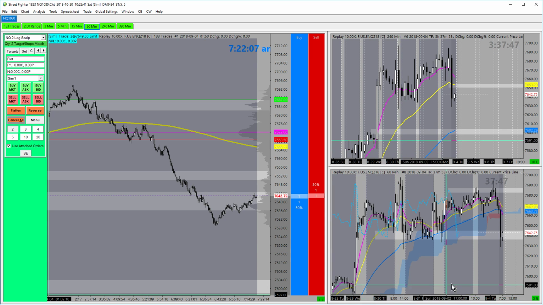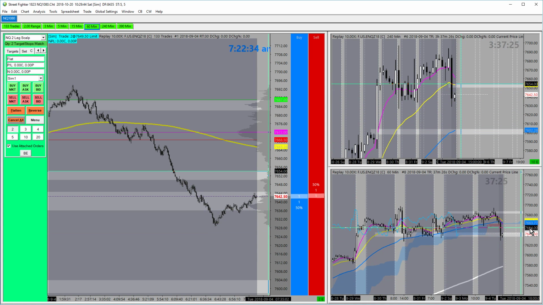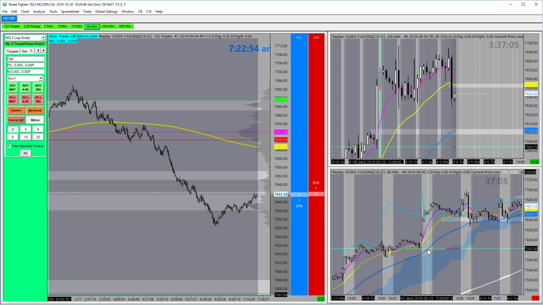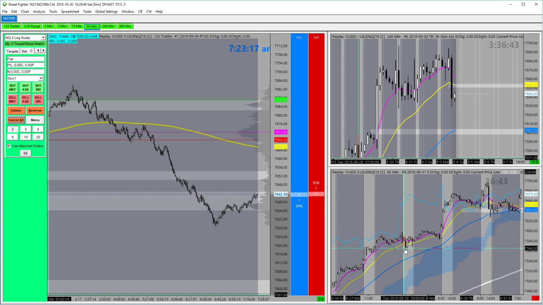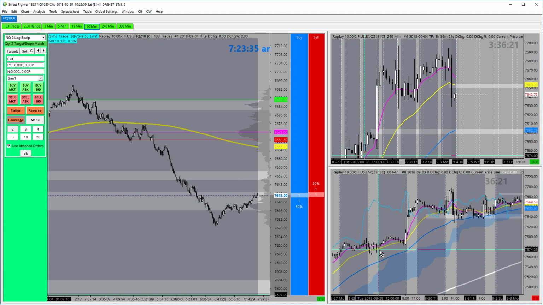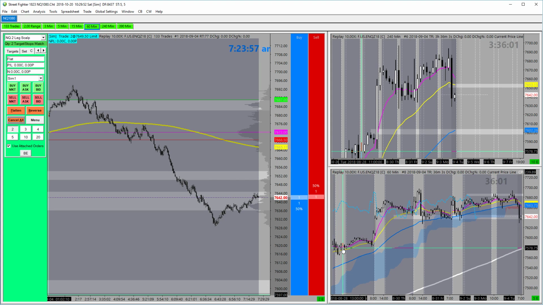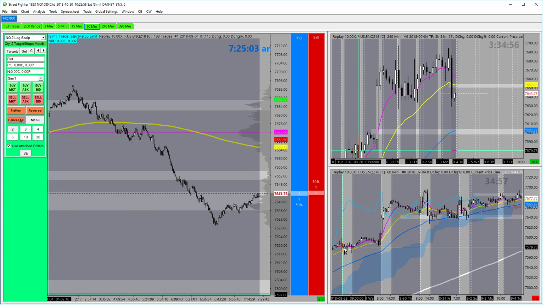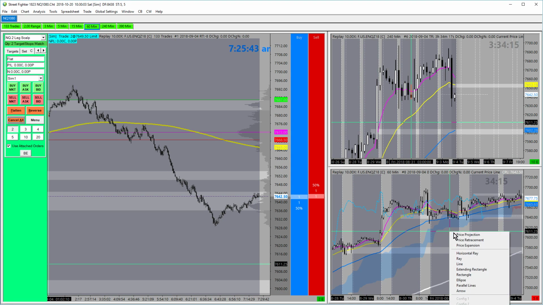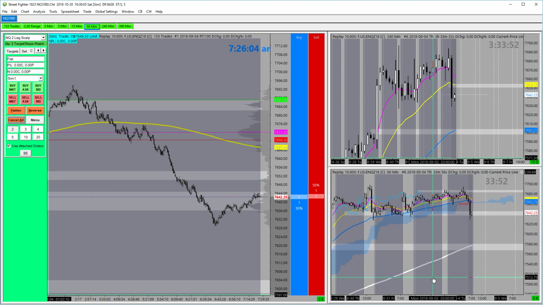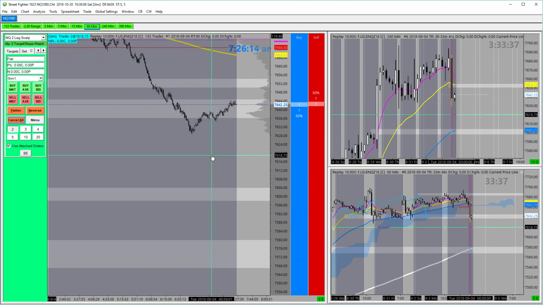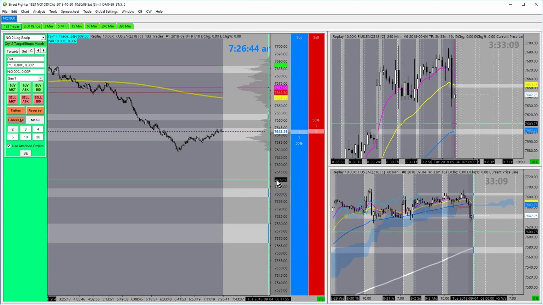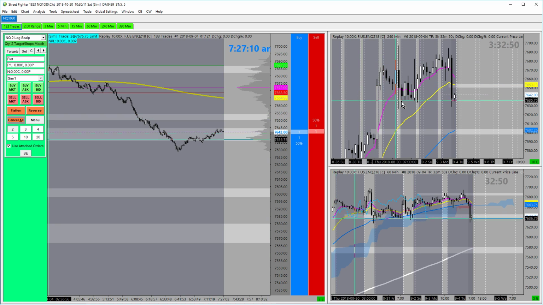And any other prior support in the RTH session? Not really. I mean, maybe down here. So I'll go ahead and put something in there. Those are kind of like some zones here.